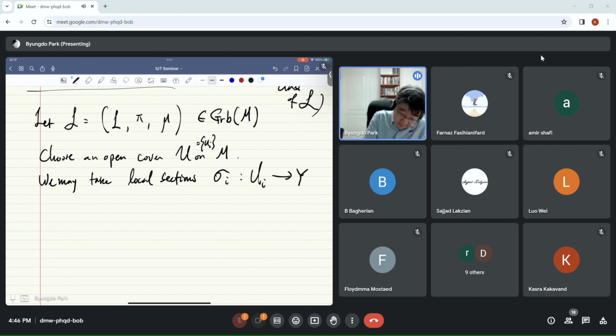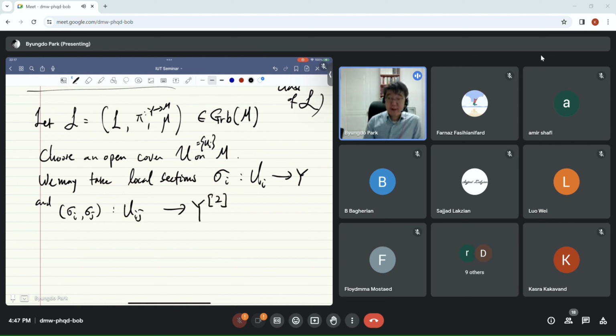Because this pi means Y goes to M. This is a surjective submersion, and we take local sections. Then you can also take this local section over the double overlap, sigma I, sigma J, defined on Uij, and that goes to this two-fold fiber product.